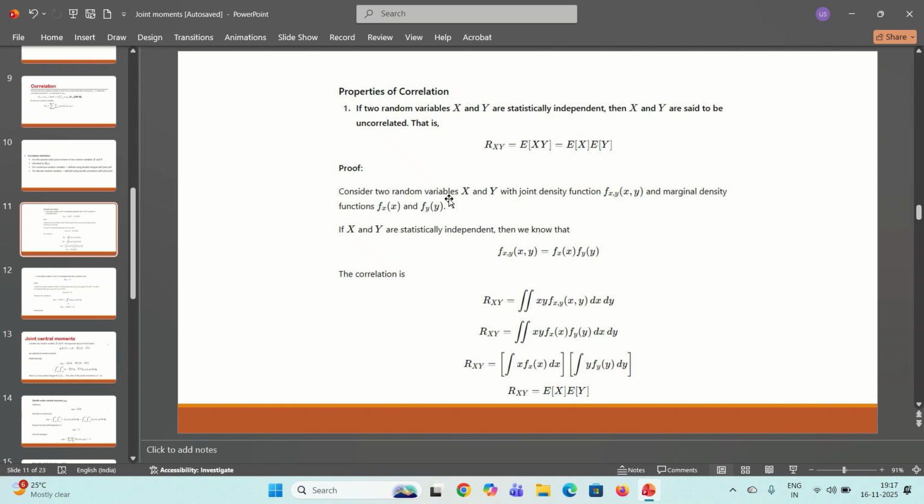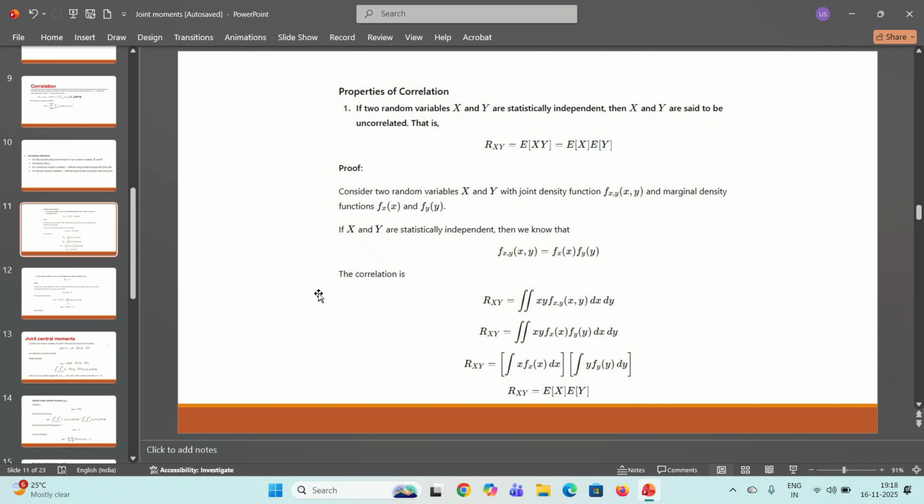Consider two random variables x and y with joint density function f of x comma y of x comma y and marginal density functions fx of x and fy of y. If x and y are statistically independent, then we know that f of x comma y of x comma y equals fx of x times fy of y.